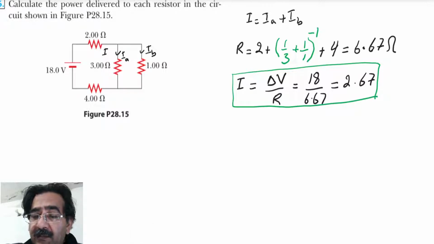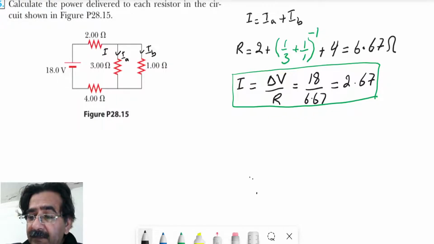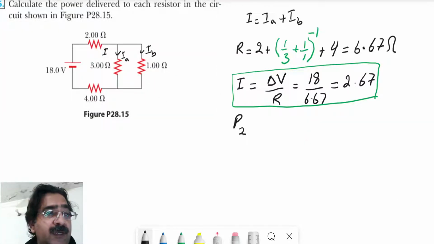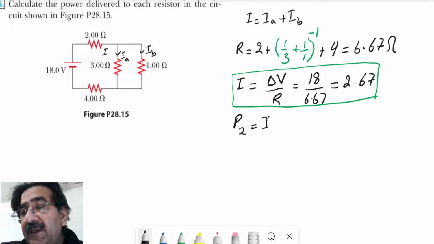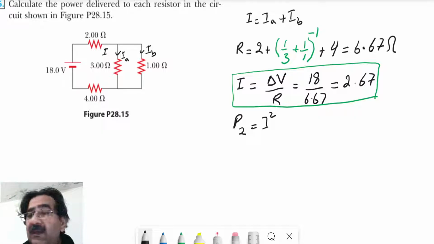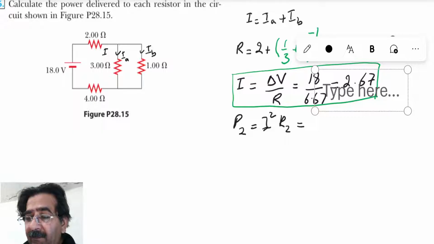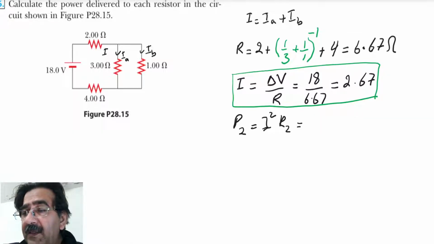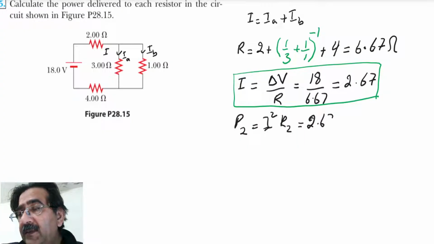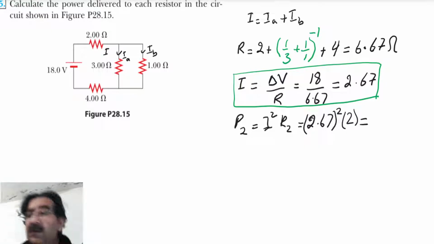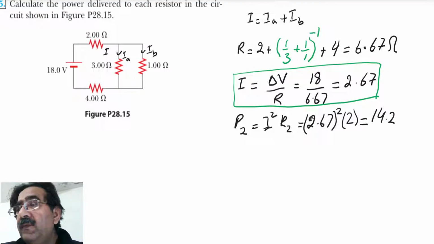The power delivered to resistance 2 will be I square R2, since it is the same current I. I is 2.67 squared, R2 is 2, so that will be equal to 14.2.